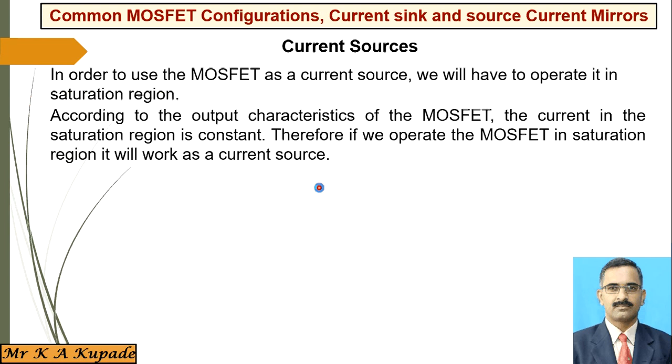Whenever VGS is greater than the threshold voltage, you will get ID as a constant current. According to the output characteristics of the MOSFET, the current in the saturation region is constant. Therefore, if we operate the MOSFET in the saturation region, it will work as the constant current source, because you get constant current in that region.